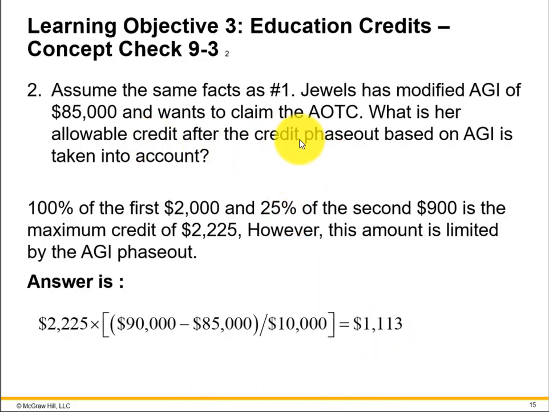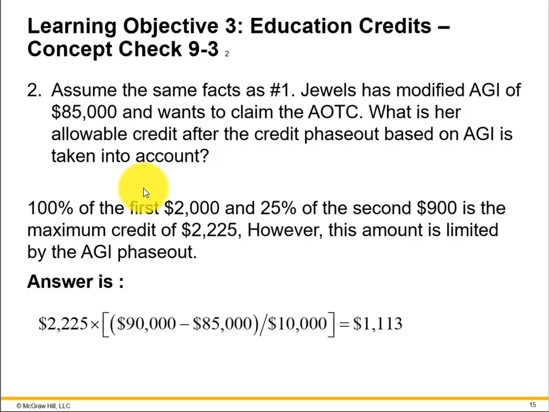Okay. This time we're going to claim the AOTC, which would be far better, right? Because we always want to look at the AOTC first, and only if we don't qualify for that do we go to the lifetime learning. Okay. So 100% of the $2,000 and 25% of the second $900, so that was the total we spent, $2,900.